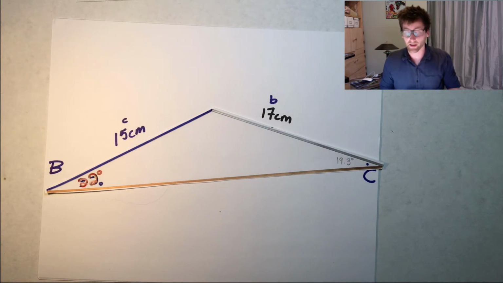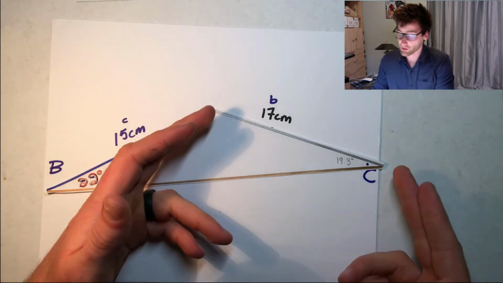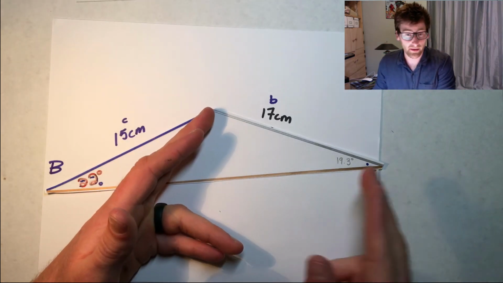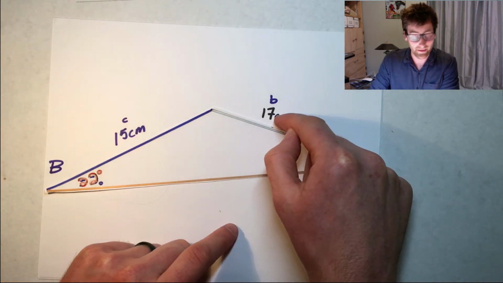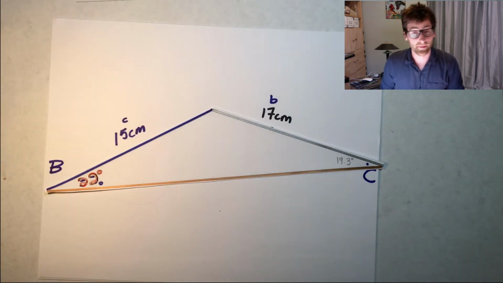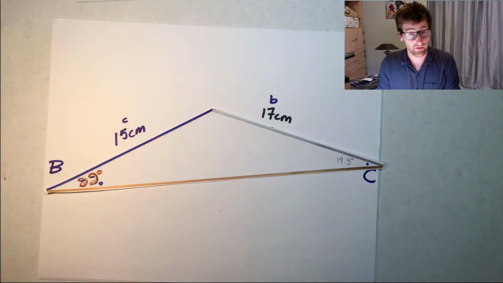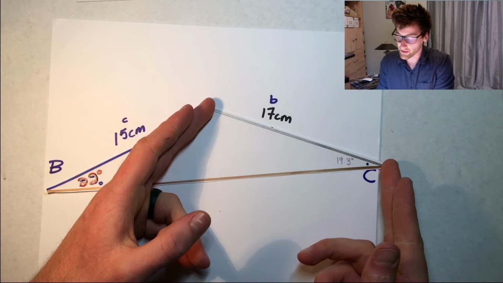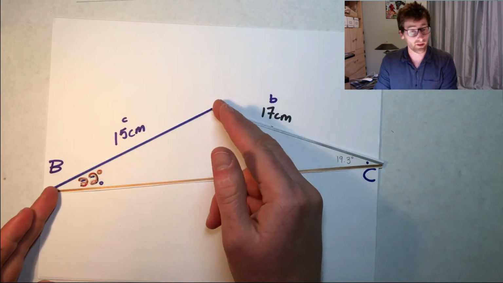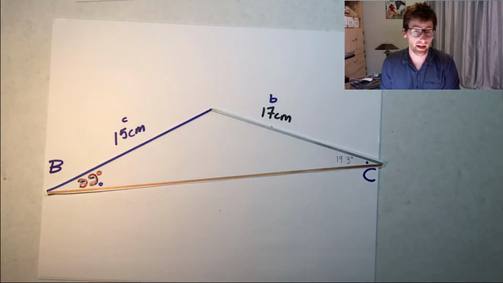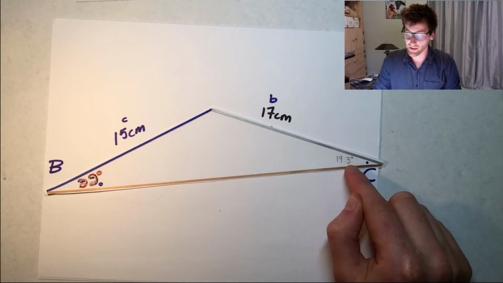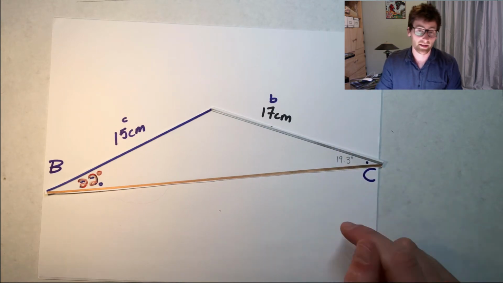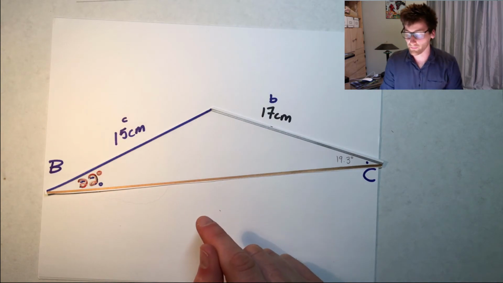So this is case 1, where you have your triangle where the second side length is longer. This 17 is longer than this C value of 15. So this length here is longer than this one, and you know you're going to have one triangle only. So in this example we have 19.3 degrees and we know we can solve the rest of the triangle.